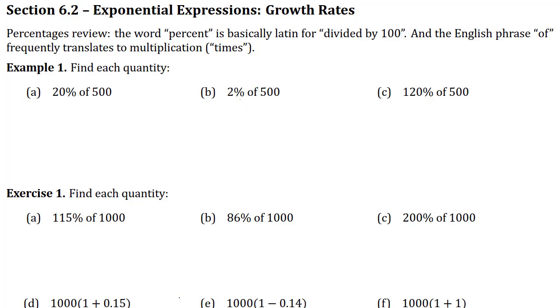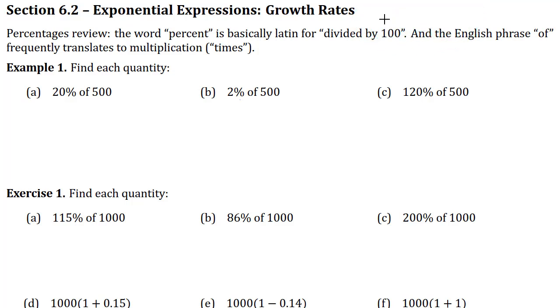So first of all, the word percent is basically Latin for divided by 100. In Spanish, I think the word is por ciento, if I'm not mistaken, which basically means by 100.